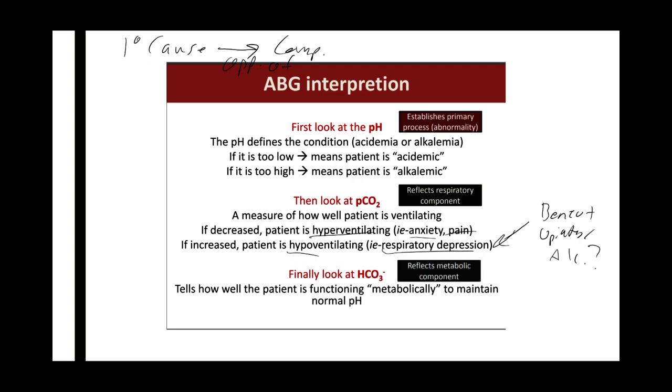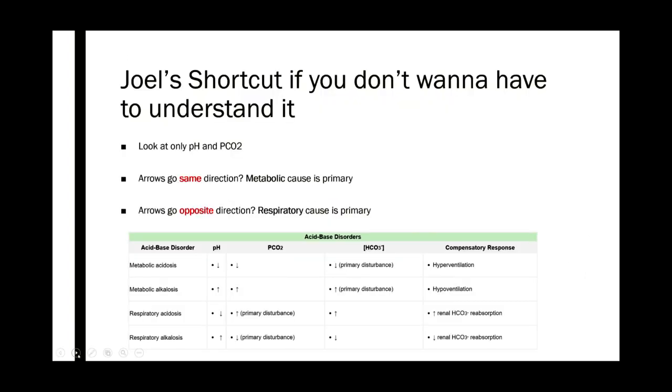So if the primary cause is respiratory acidosis, the compensation will be basically a metabolic alkalosis. So everything is reversed. The systems are reversed, right? It's respiratory versus kidney, and then the acidity or alkalinity is reversed. Hopefully that makes sense.